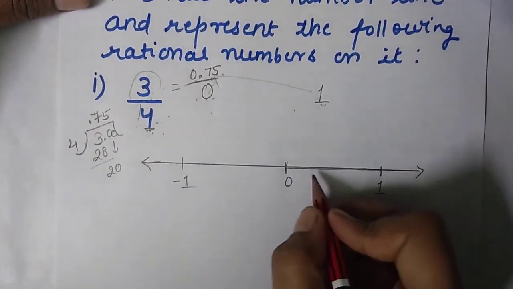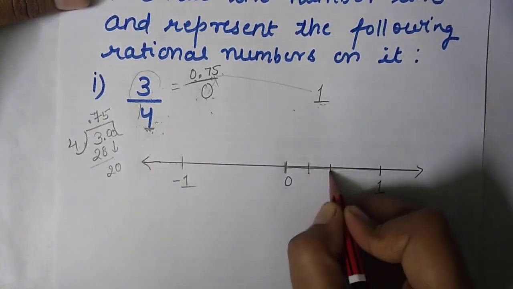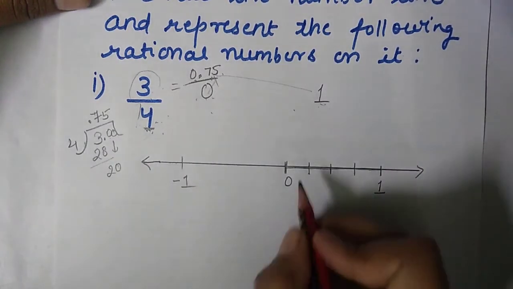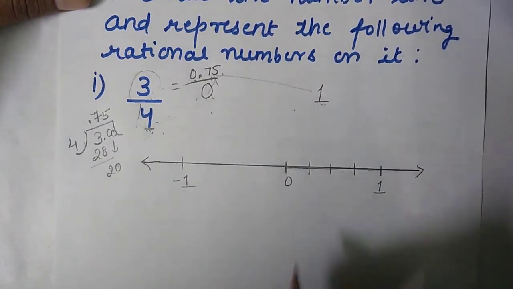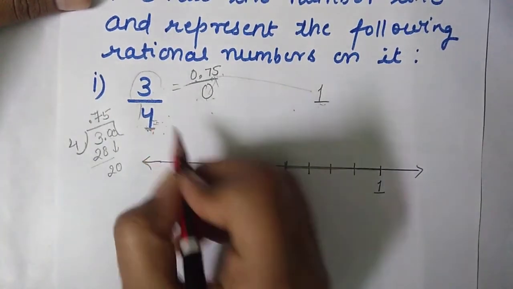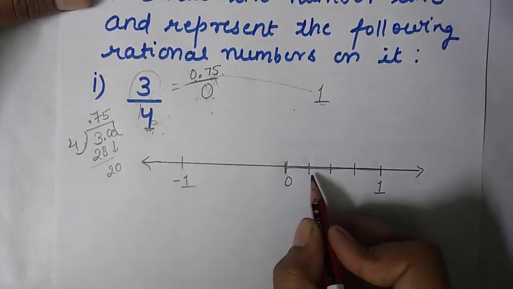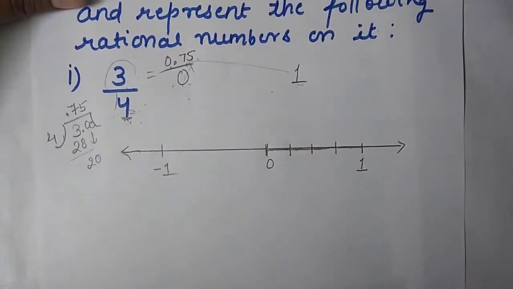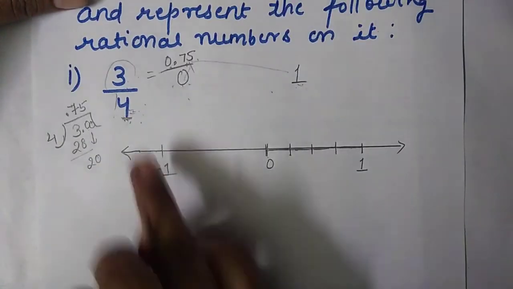So here I am dividing: this is first, second, third, fourth. I have divided the distance between 0 and 1 into 4 parts, equal to the denominator. Now this is 1, 2, 3, 4. Now the denominator is 4.